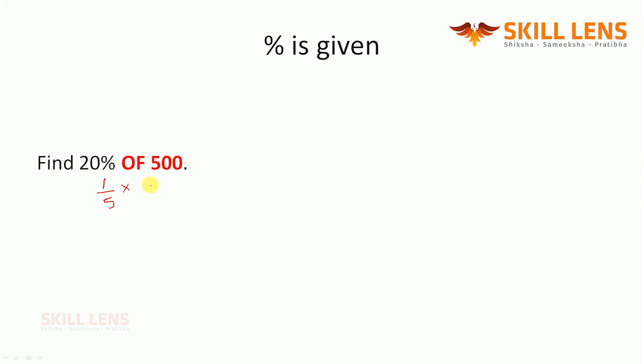"Of" means multiplication. So 1 by 5 into 500 will give you 100. So find 20% of 500, the answer is 100.